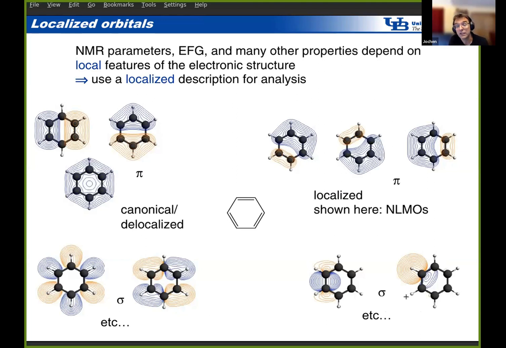And the pi system is delocalized. That means if you try to localize it, that does not go well. So I plotted here in a plane above the molecular plane, the 3 occupied pi orbitals, and they are very strongly delocalized. But that is information you get out of the localization procedure.